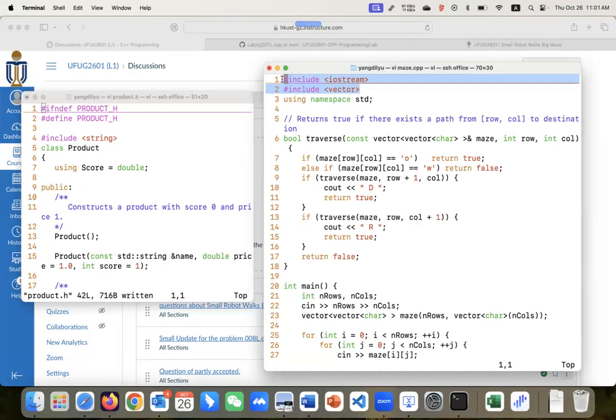Any more questions? Yes. Map? Then you remember it. Actually, you don't need that kind of libraries.